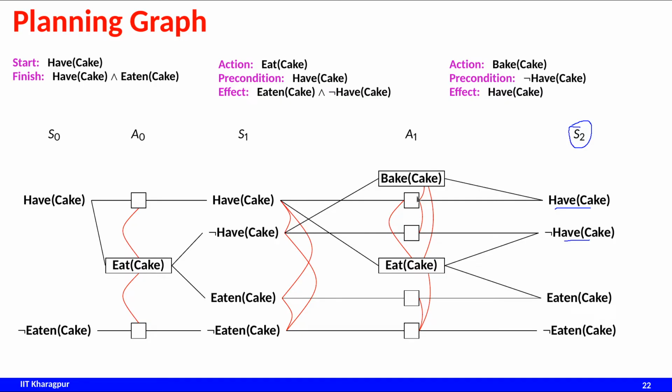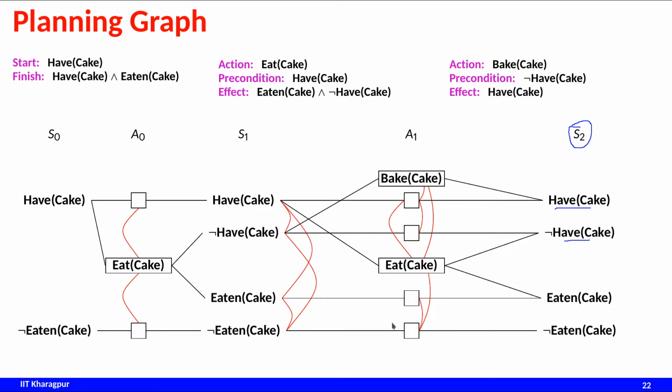Similarly, have cake and not have cake will also be mutex actions because they produce the literals in the negated form. Have cake and eat cake also are mutually exclusive because they produce the conflicting literals, and so on and so forth.